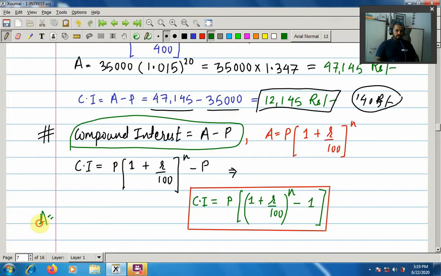If my question is related to compound interest, the formula to find amount after n years is A equals P into 1 plus R upon 100 raised to n. This is the final amount I'll get after n years. But how much interest you have to calculate? A minus P.